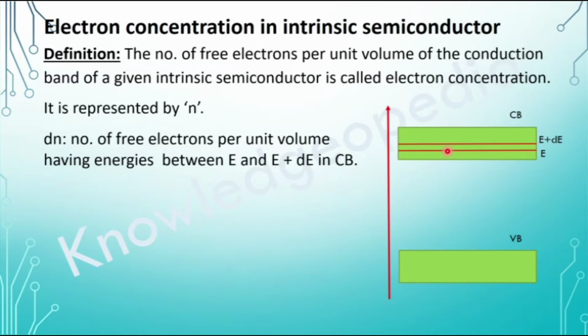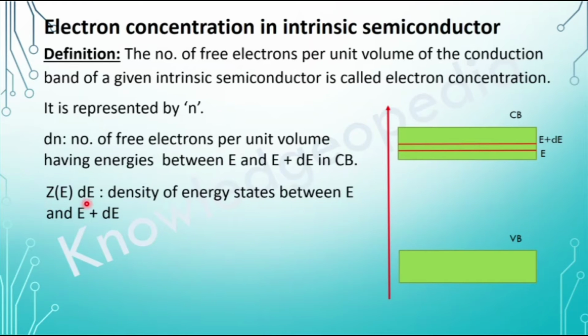The second quantity we need in this calculation is the probability that the states are occupied by an electron. Z(E)dE is the density of energy states between E and E plus dE. This quantity gives us the number of energy states available between E and E plus dE.